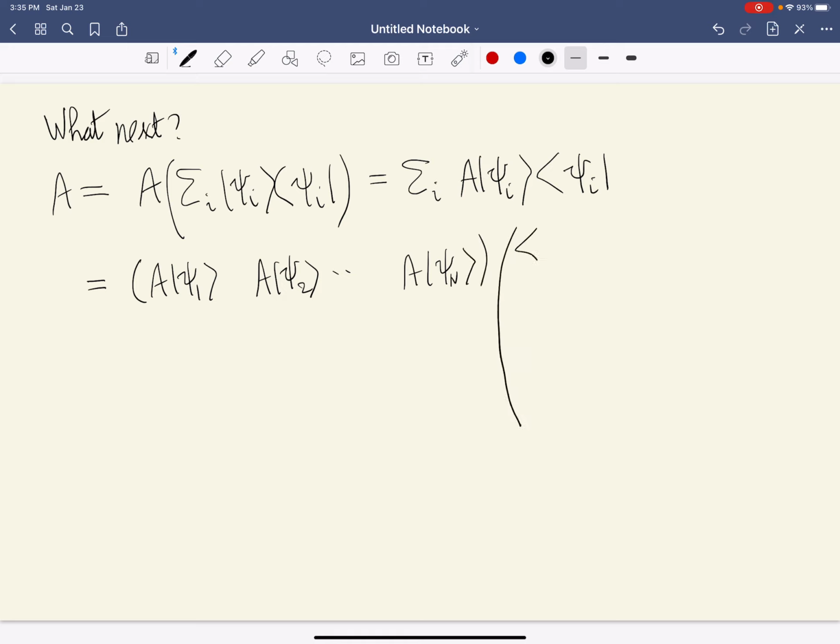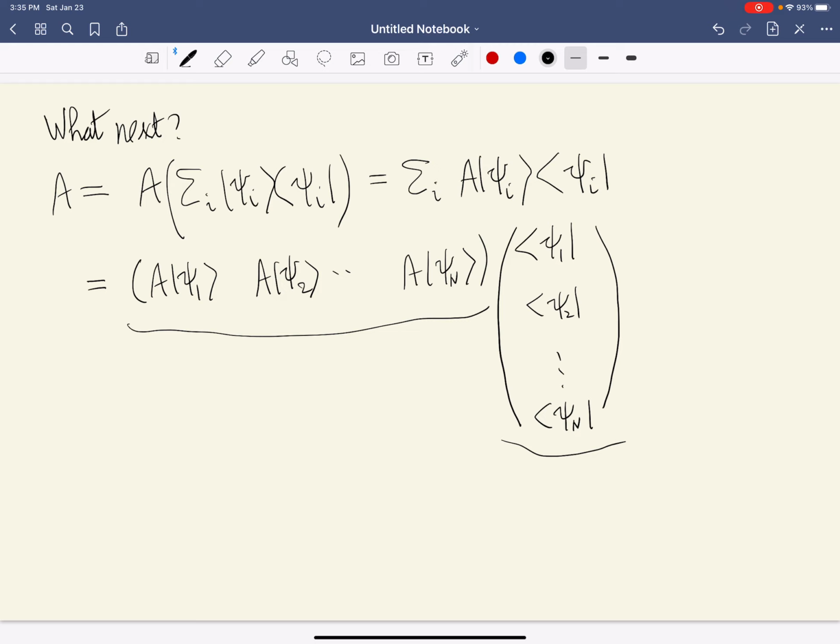And here we have a row of the eigenvectors, psi 1, psi 2, psi n. If you do a multiplication of this object with this object, pretending that each element is like a number, then you indeed arrive at this expression.